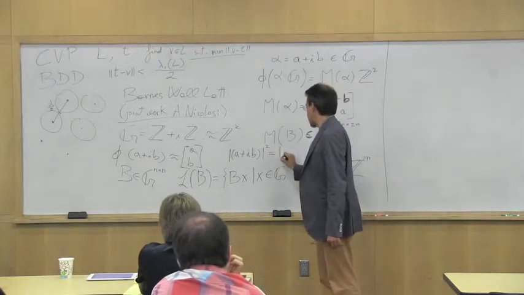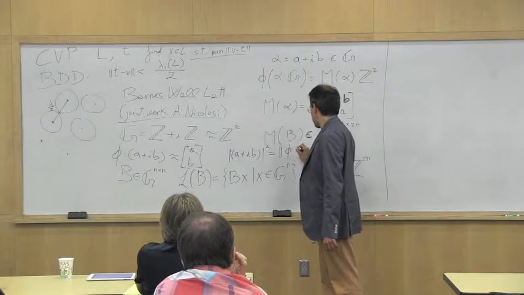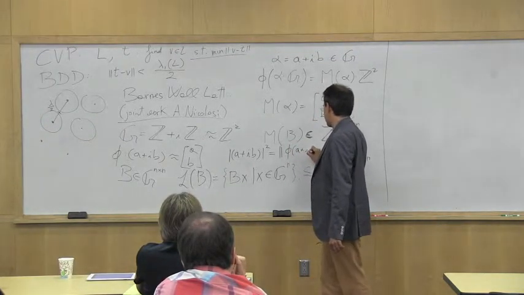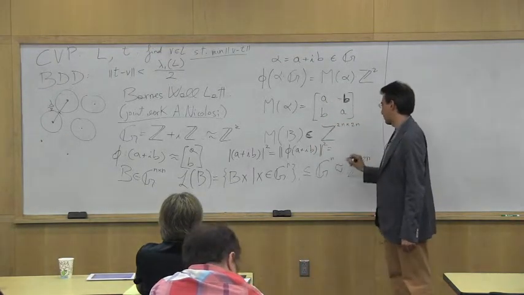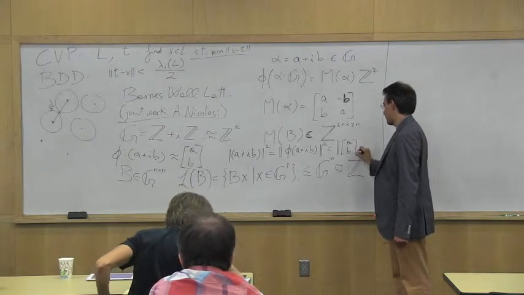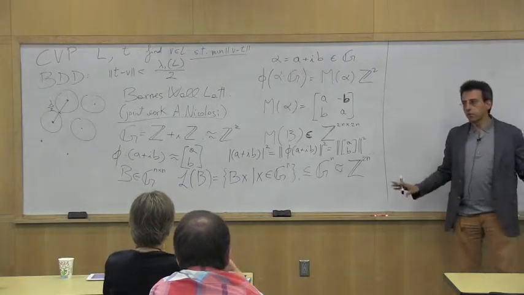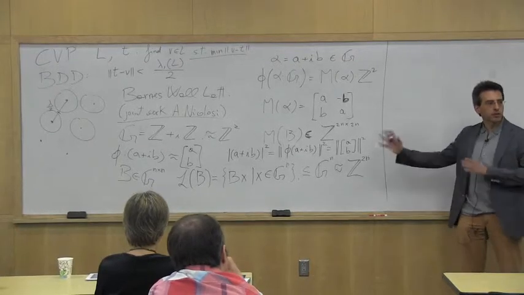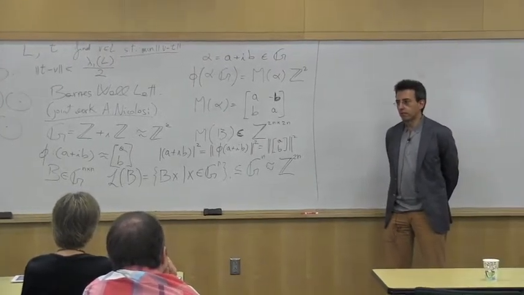That's exactly the same as the square norm of the corresponding vector, A squared plus B squared. So we can freely use complex numbers and do the operations on them. Of course, addition is addition, and norm is norm, and everything works fine.